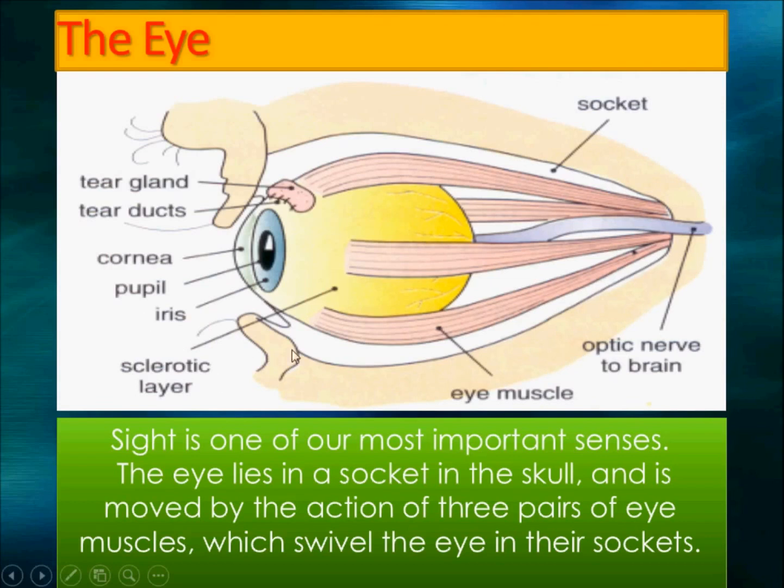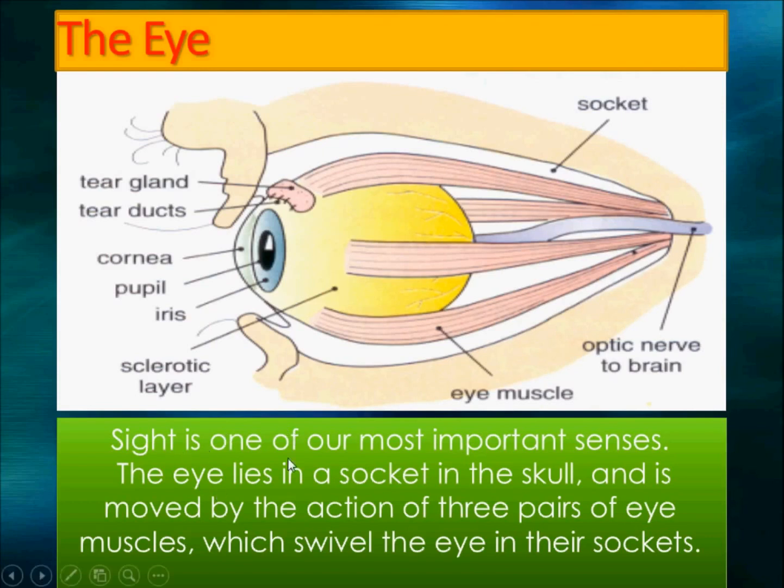This is your sclera, and the anterior portion of this layer is called cornea. So this is your second layer. And the middle layer is your choroid that contains blood vessels and looks bluish in color.